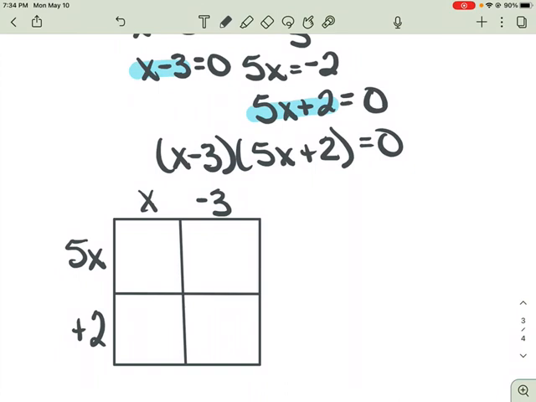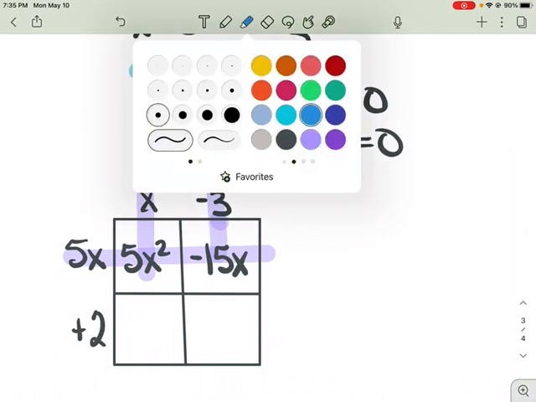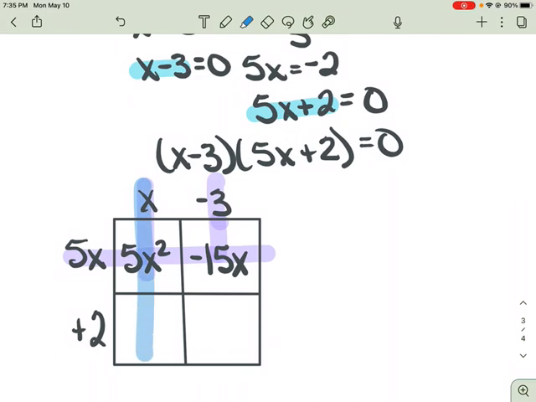Okay, we're going to multiply, so 5x squared, so it's row times column. This times this. Okay, this. So negative 3 times 5 is negative 15x. Then you're going to switch to a different column. Okay, or a different row. So x is going to go like that.